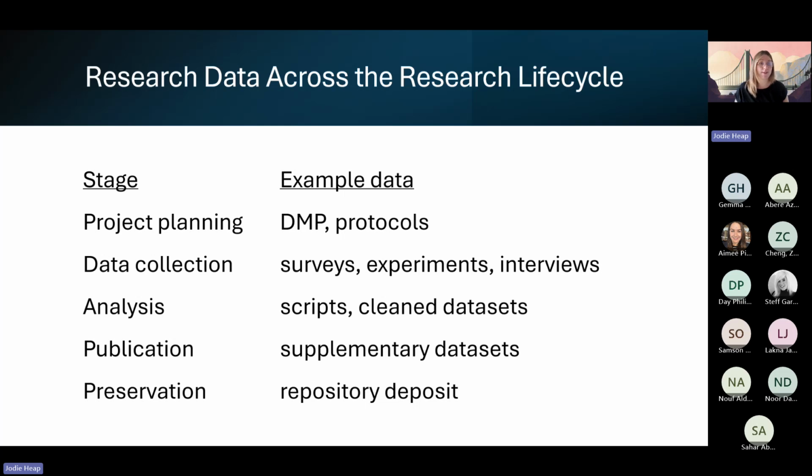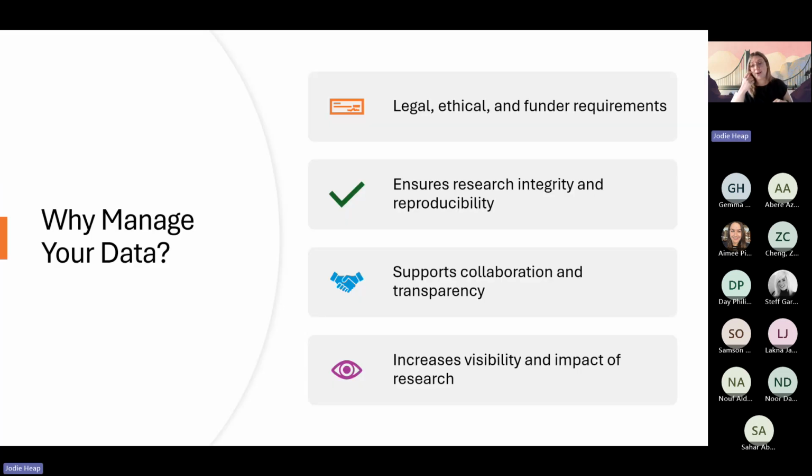So at every stage of that research process, from planning through to preservation, we can be considering how we handle and share our data. Now, of course, there are reasons that we need to carefully consider how we manage our data. These include legal, ethical and funder requirements. Those are the big compliance ones that we need to tick off. There might be specific purposes that we're running our research.